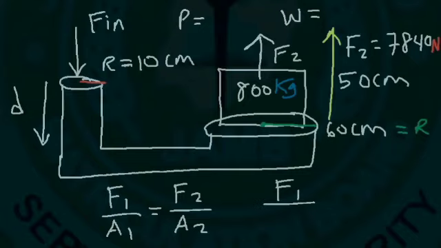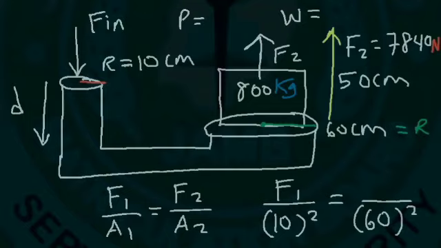So it's just going to be divided by R1 squared, which is 10 centimeters squared. And we could leave it in units of centimeters. So A2, the pi is canceled, so it's just going to be R2, which is 60 centimeters squared. And F2 is 7840. So let's cross multiply.